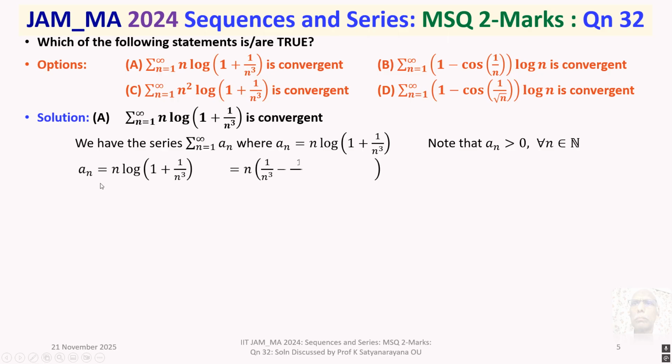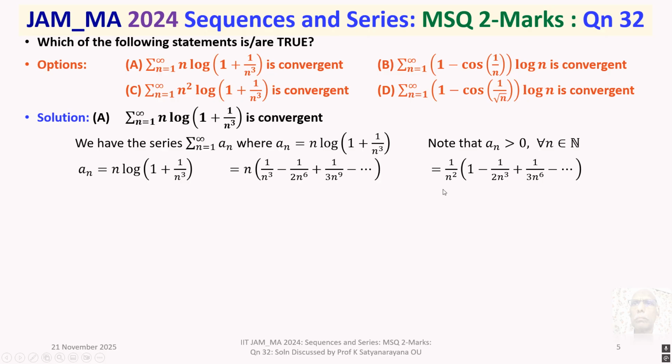Now, an is equal to n times log of (1 plus 1 by n cube), which is n times the expansion: 1 by n cube minus 1 by 2 (1 by n cube) whole square, that is 1 by n to the power 6, plus 1 by 3 (1 by n cube) whole cube, that is n power 9.